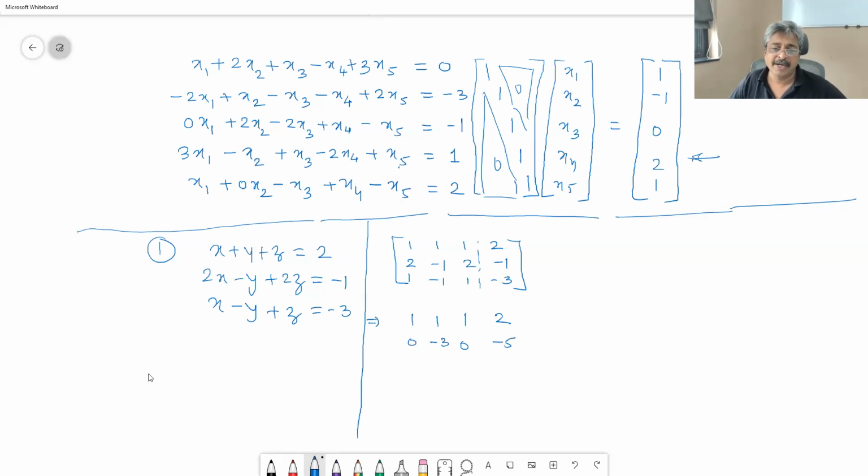And I can simultaneously do this 0 also, because this is now independent. So I am subtracting row 1 from row 3: 0, minus 2, 0, minus 5.